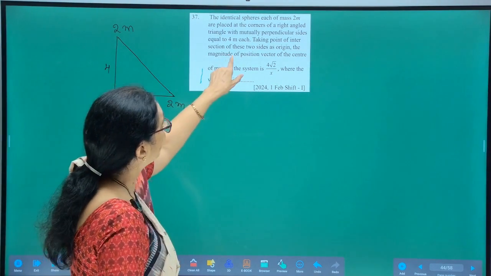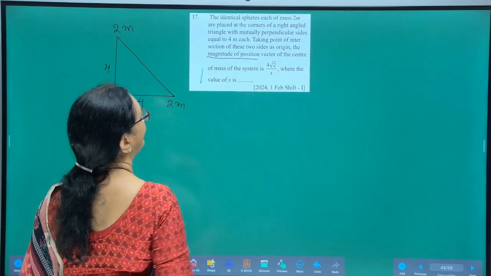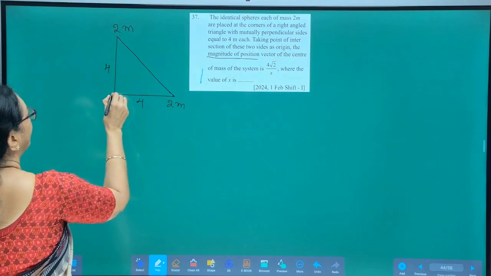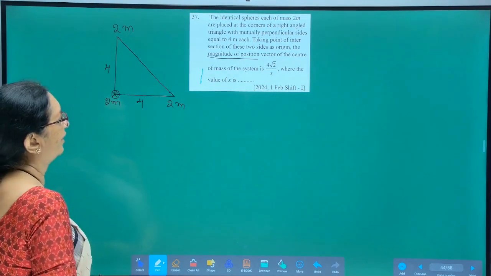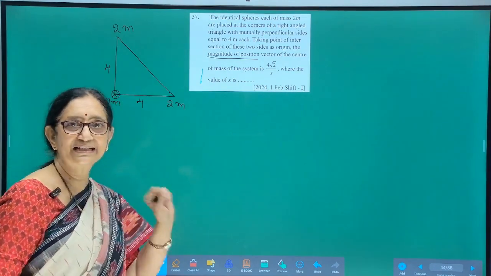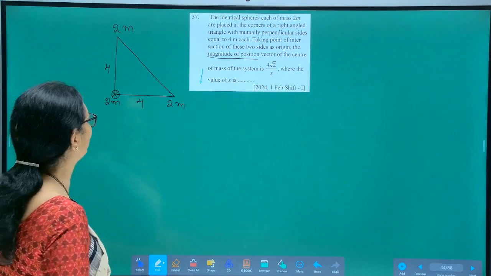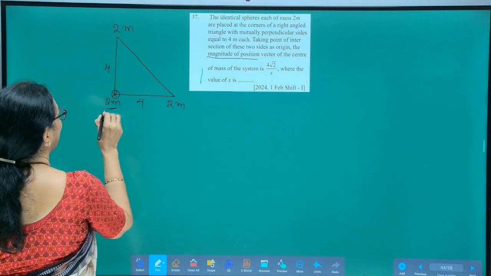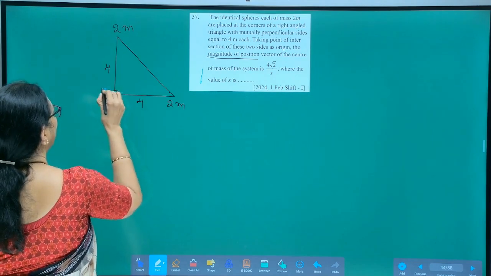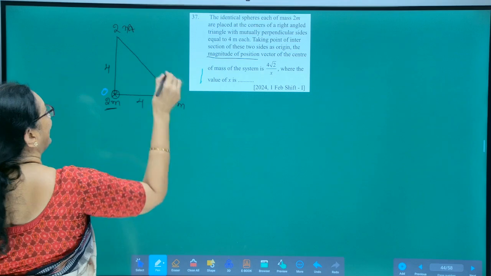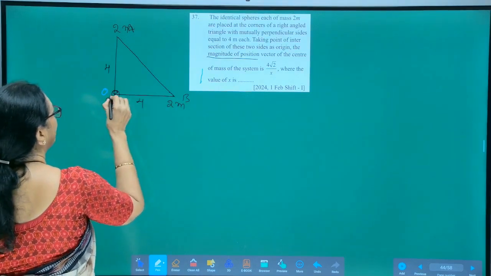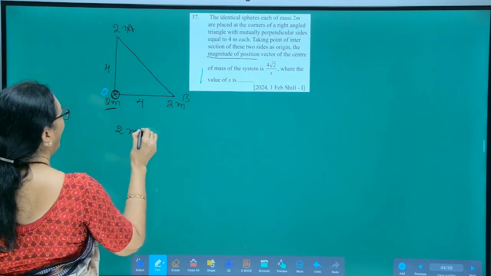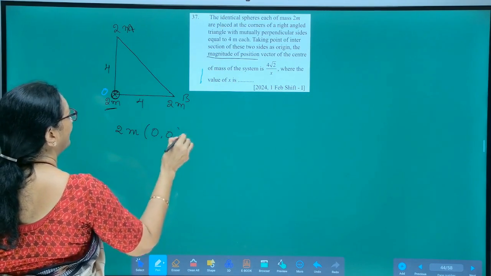Okay, magnitude of position vector of center of mass from one of the corner. From this, let us take this as the origin. So, distance of center of mass from this point is asked here. So, here let us write the coordinates. For this particle, let us name this as O, A, B. So, the coordinates of O, mass placed is 2m, and coordinates are 0, 0.